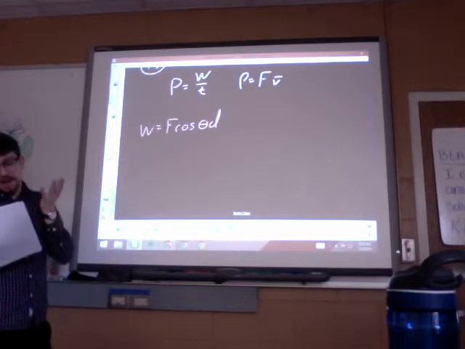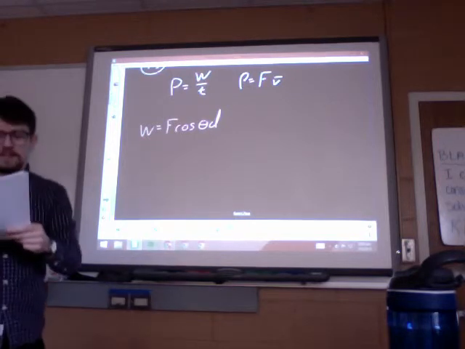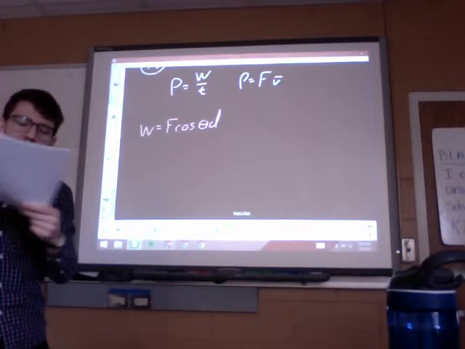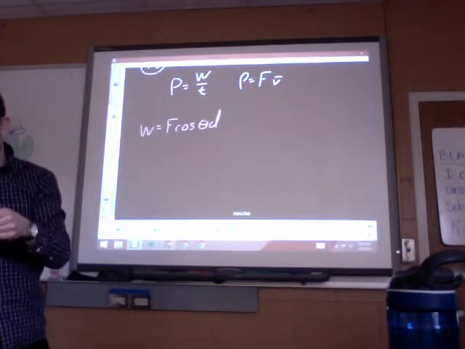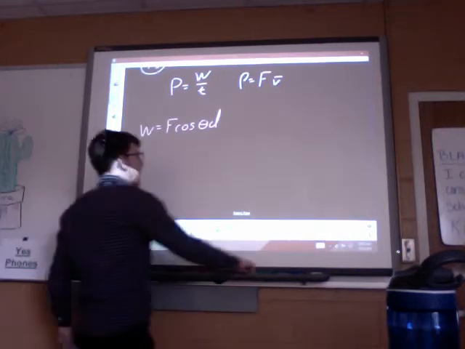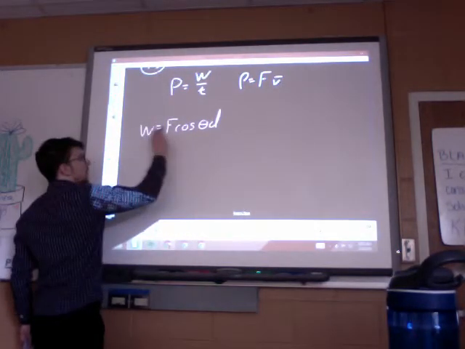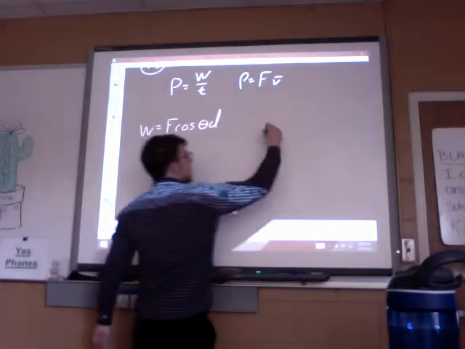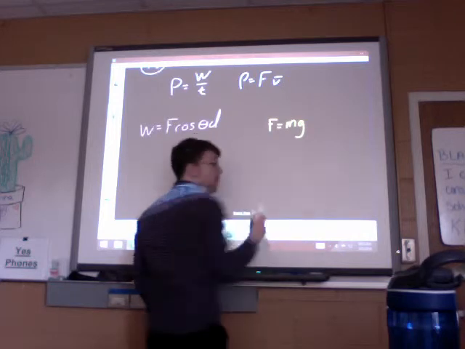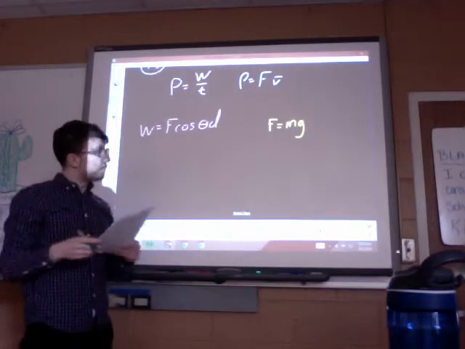Yeah, we take mass times gravity, but they want power. Do they want the power generated by gravity or the power generated by the elevator? So you guys are saying, okay, this is the work done by the elevator, but you guys are saying that force is mg. You guys are right.